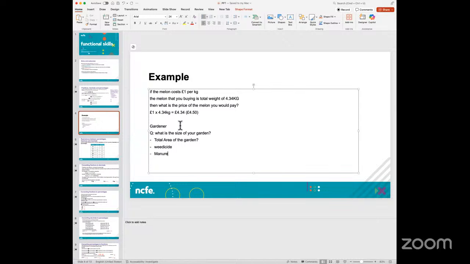So for example, he wants to buy manure bags, or bags of organic matter, to help the grass grow. So he would need to know how many such bags would be required, what kind of weedicide he should get, whether he should get half a liter, 1 liter, or 2 liters of it.